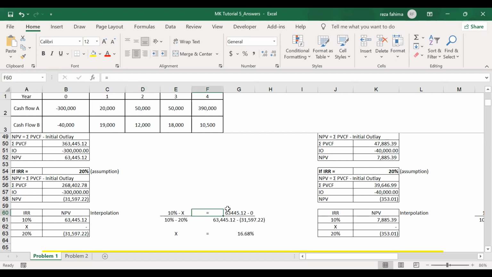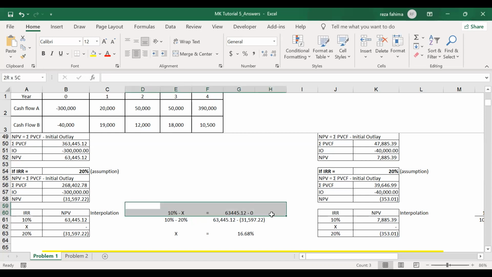Equals to the NPV of the first assumed IRR, which is this 63,000 minus 0, because remember again, if we're calculating the IRR, we make the NPV become 0. So minus 0 divided by the NPV for the IRR is 10% minus the NPV when the IRR is 20%.